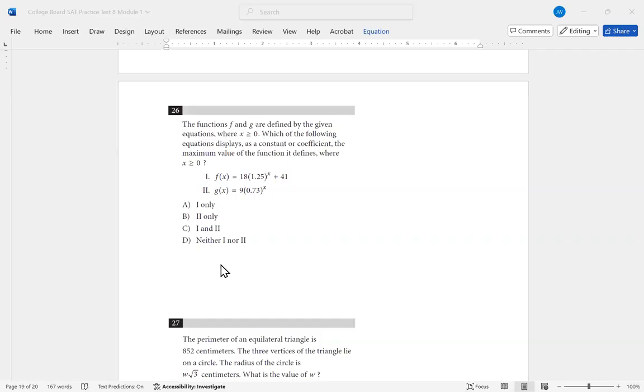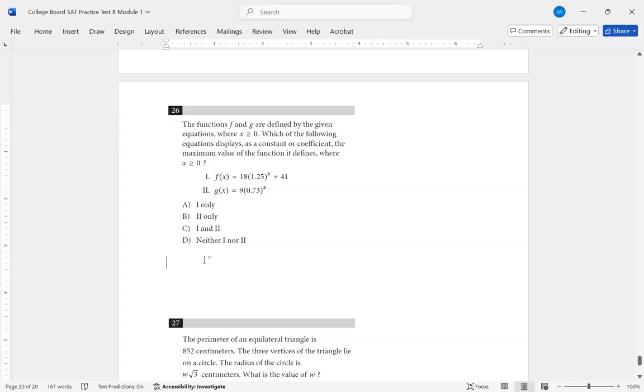Question 26. The functions f and g are defined by the given equations where x is greater than or equal to 0. Which of the following equations displays as a constant or coefficient the maximum value of the function it defines where x is greater than or equal to 0?